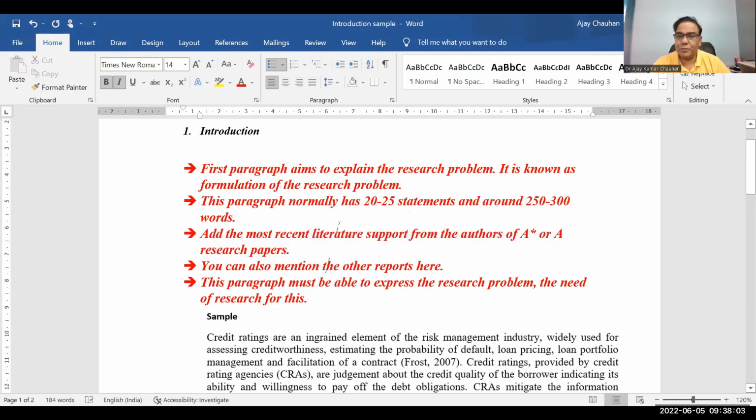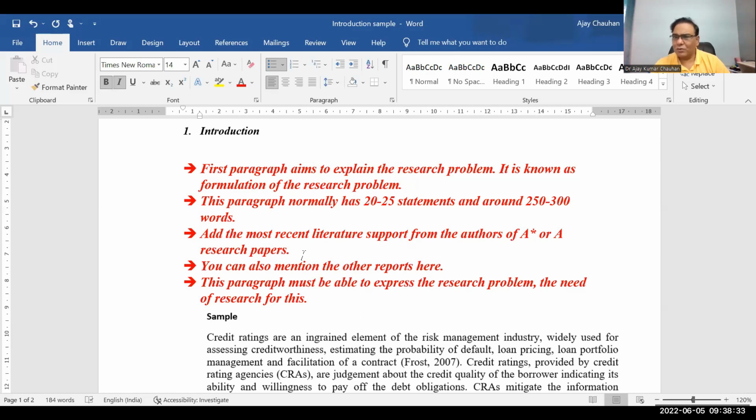This is most important because it saves you. So I suggest you add the most recent literature support from the authors of only A star and A category research papers, not B and C. Right? The reason is, when you send a paper for publication, most of the editors know the authors. So they know that this author is working with that university, this author is working with that university.